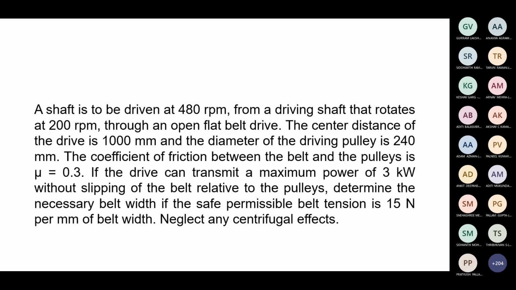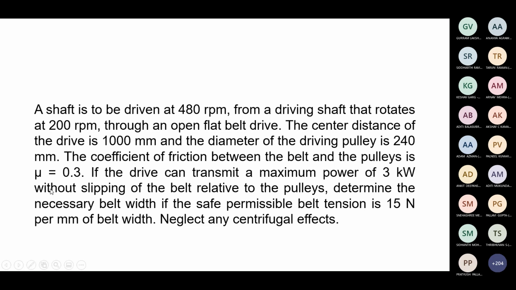The center distance of the drive is 1000 millimeter, so the center distance is 1 meter here, and the diameter of the driving pulley is 240 millimeter. The coefficient of friction is 0.3. The drive can transmit a maximum power of 3 kilowatts without slipping of the belt relative to the pulleys. So whatever power equation is given to you is for power without any slip.